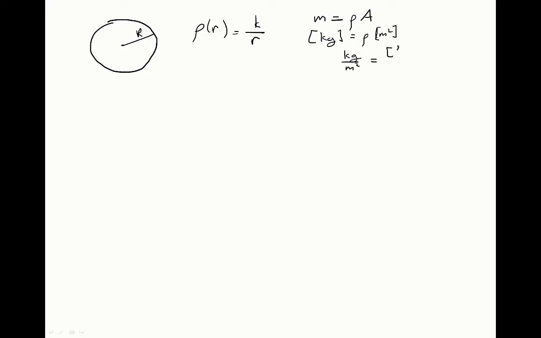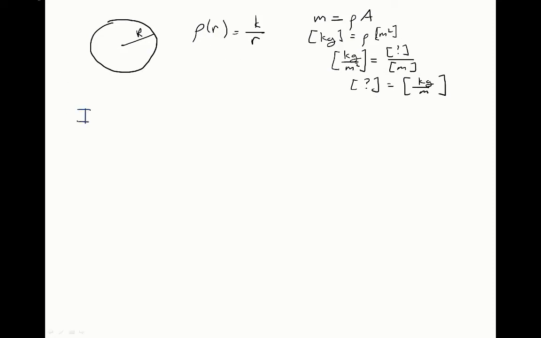And k is what we're wondering the units of, and r has units of meters. Okay, and that means that k has units of kilograms over meters. Okay, mystery solved.